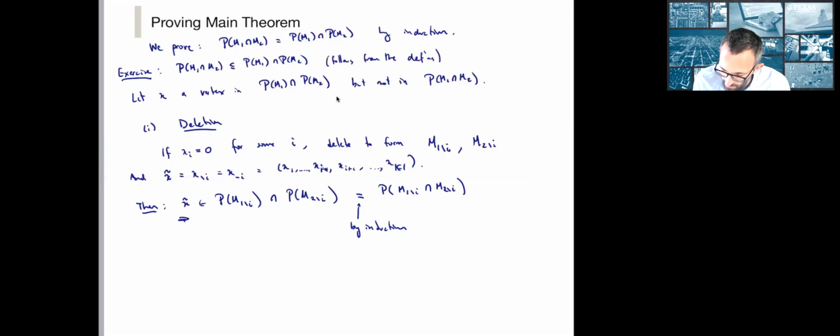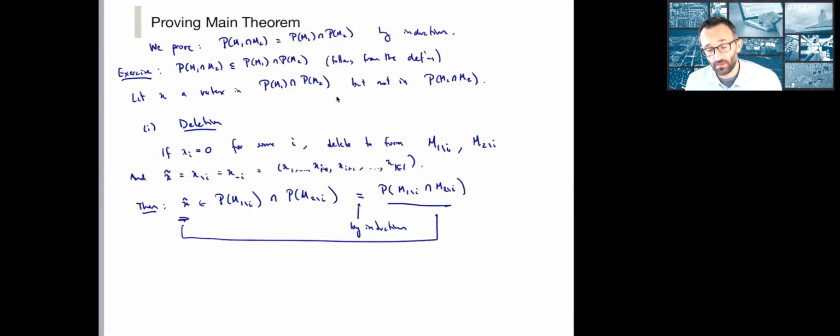So what does this final conclusion mean? It means that x tilde can be written as a convex combination of common independent sets for M1 with i deleted and M2 with i deleted.